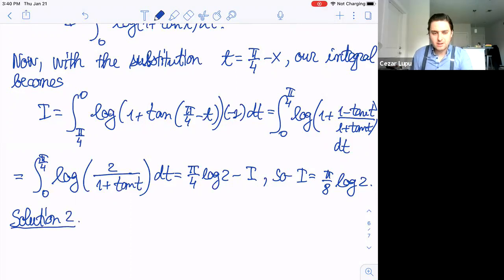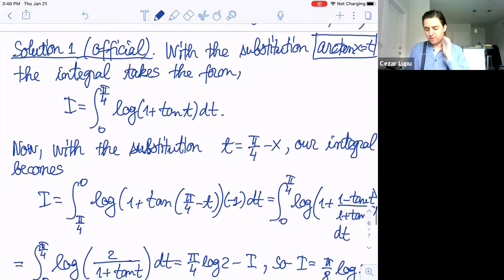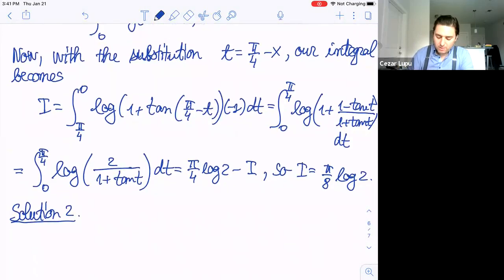It's an alternative way to the first solution. To be honest with you, when I look at the first solution, the change of variables arctan of x equals t is not quite handy. So to see it in a clearer manner, I would just integrate by parts.